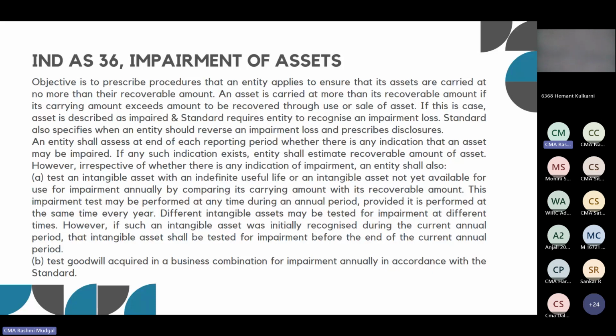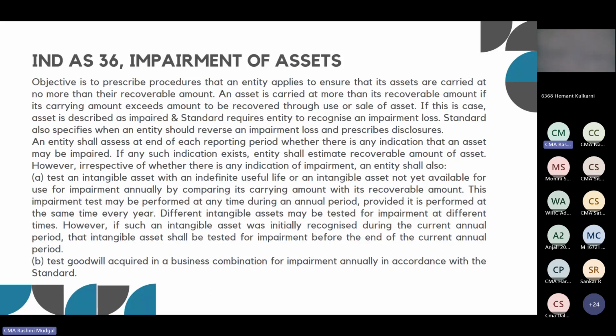So we need to see what the resale value is. The value written down in the books minus the recoverable amount, whatever comes, will be my impairment loss. This impairment test may be performed at any time during an annual period, provided it is performed at the same time every year.